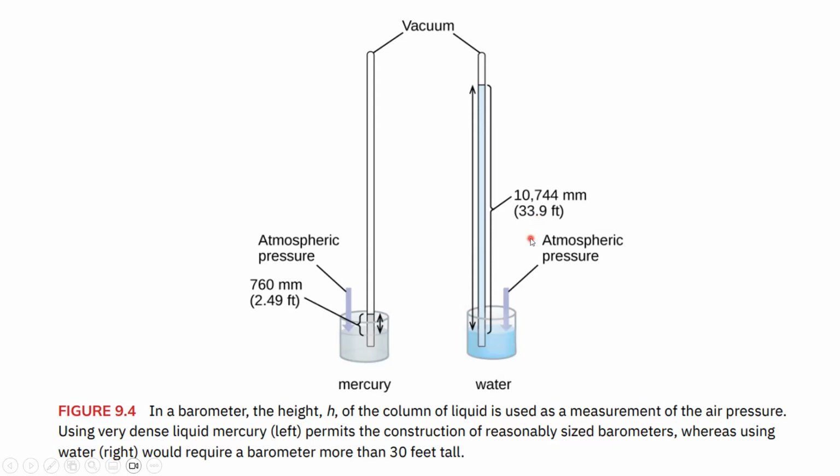So we would just need a lot more space. It's just not going to be really feasible in most circumstances to use something like water. Additionally, water, you do have a little bit of the ability to evaporate, or at least more easily evaporate than mercury. So there may be other considerations there if you're in a warmer area. But generally, just going to be because of the size that would require.